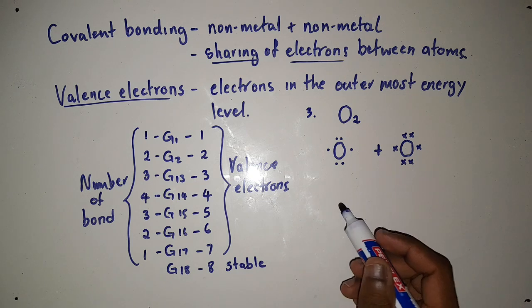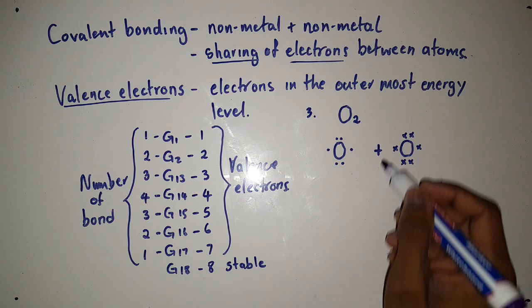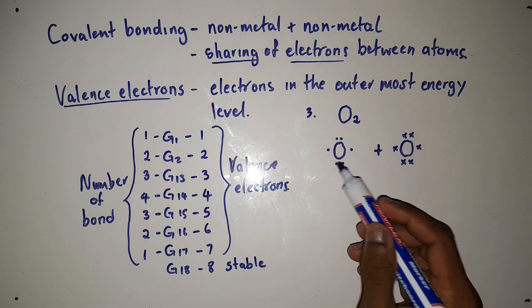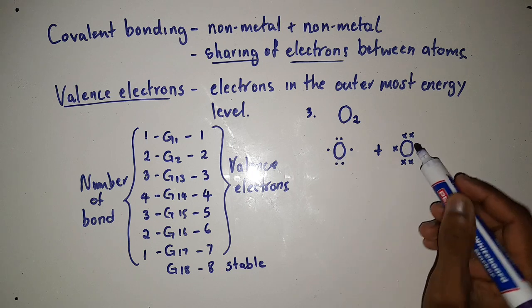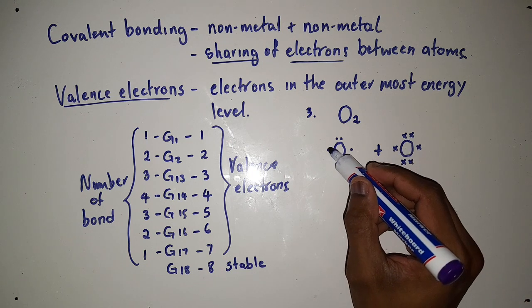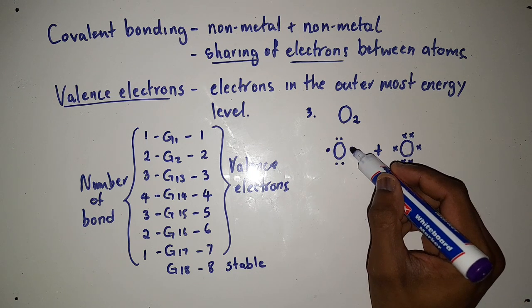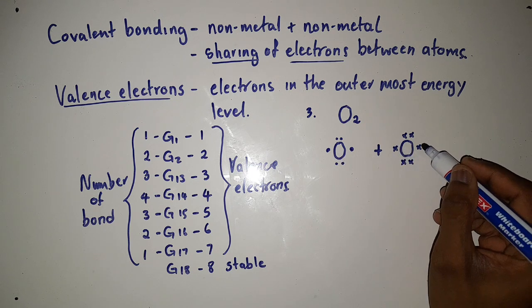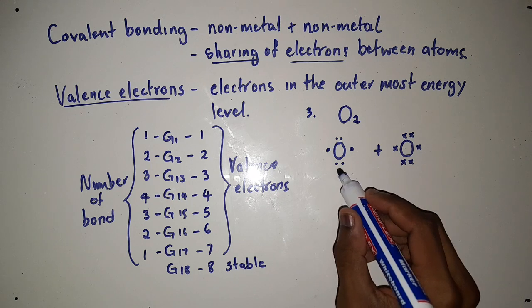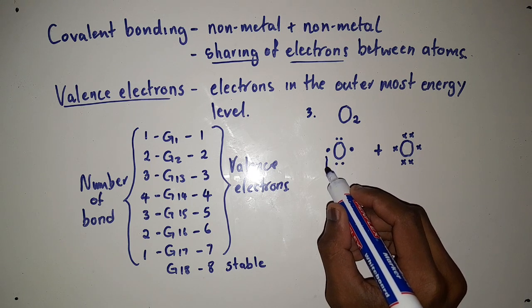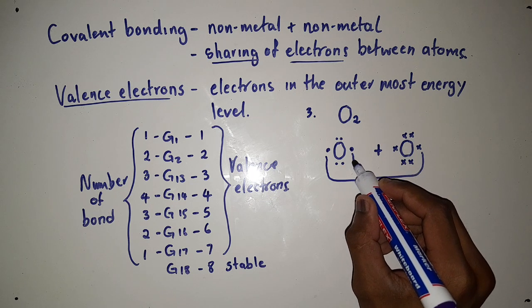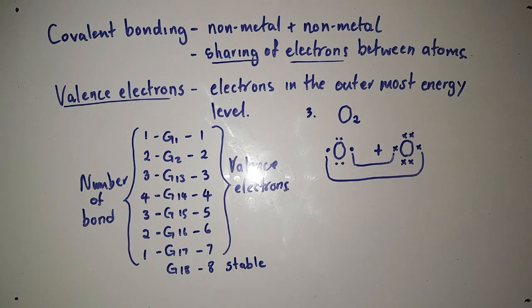Then now we need to pair them. How are we going to pair them? We can clearly see from our diagram that this one together with this one, they are unpaired. Same as this X and this X is unpaired. One of these is going to be paired with this, then one of these is going to be paired with this one.